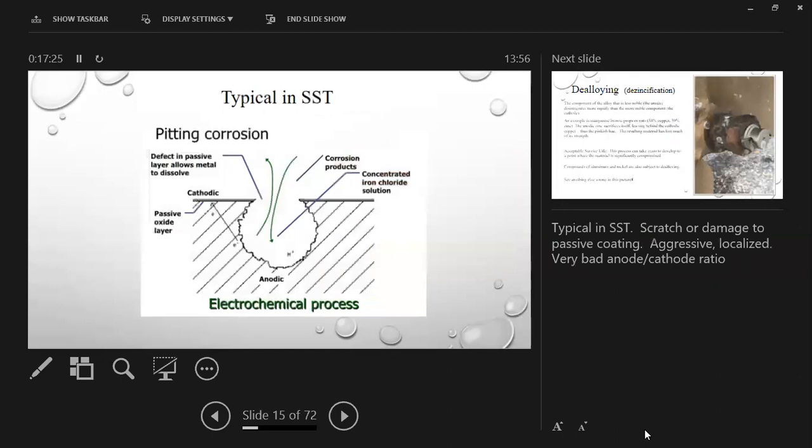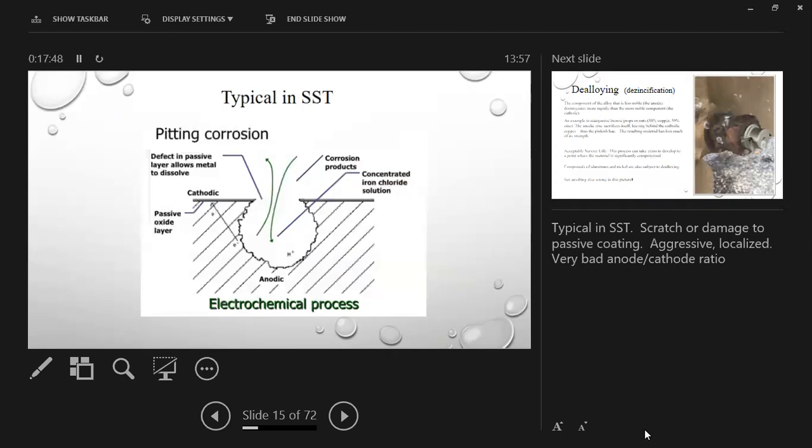Typical of this would be pitting corrosion. Again, single metal electrochemical corrosion, where you've got a cathodic surface and you break the passivated cathodic surface coating, exposing maybe some anode underneath, some anodic material on the surface.